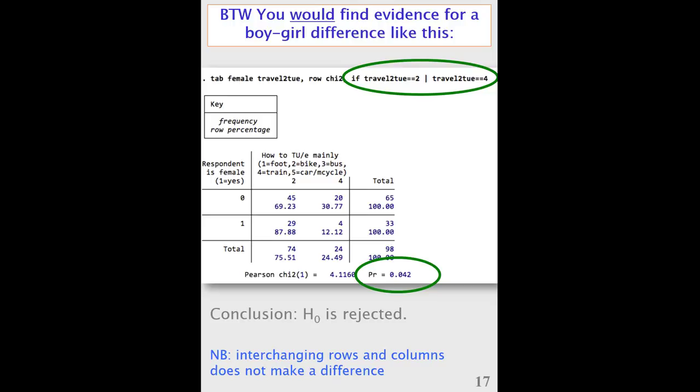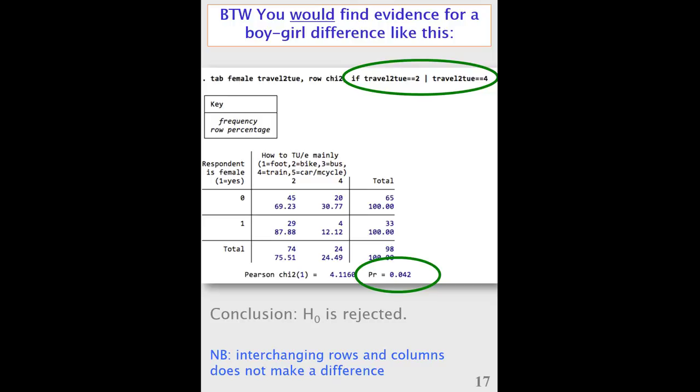Now you see that the three columns that we had before have disappeared from the actual table. And in fact, now, running exactly the same test, you do get a value over there that is, well, only slightly, but it is below 0.05. So here we do see differences between boys and girls with respect to what kind of mode of transportation they use. In this case, we find H0 is rejected, contrary to what we had before.